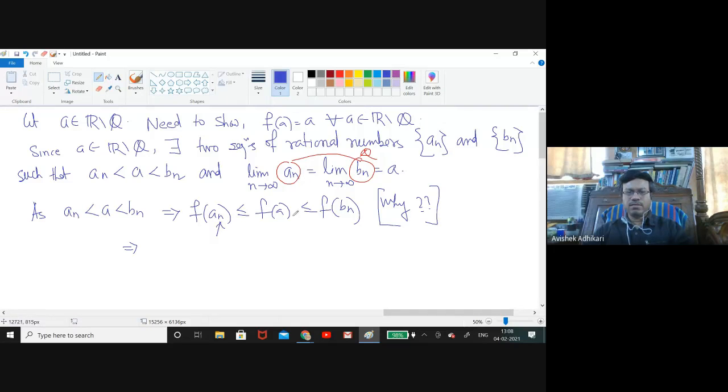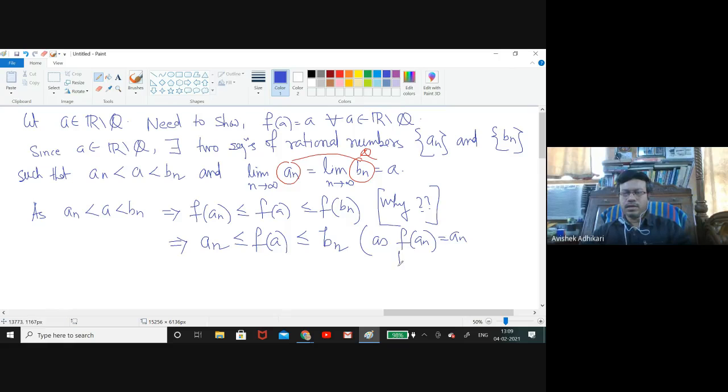This is a rational number, and so is Bn. In the case of a rational number we have seen f(A) must be A. So f(An) equals An, and f(Bn) equals Bn, both belonging to Q. So An is less than or equal to f(A), which is less than or equal to Bn.